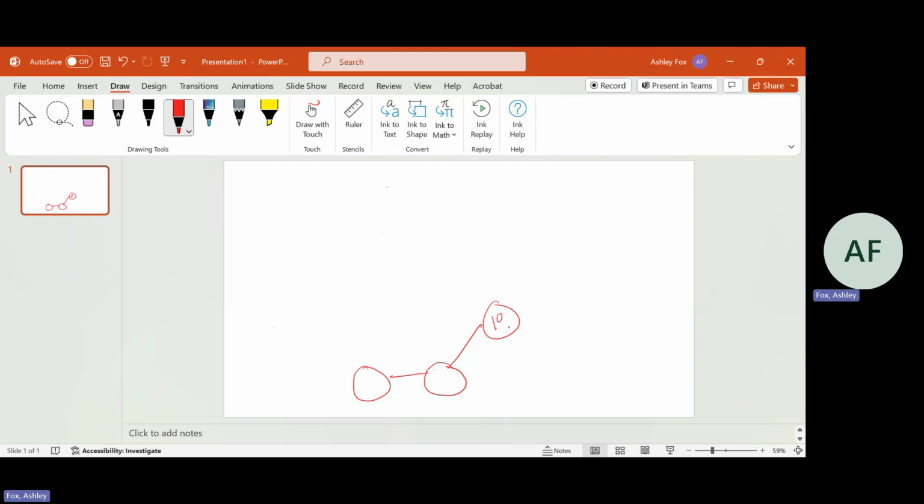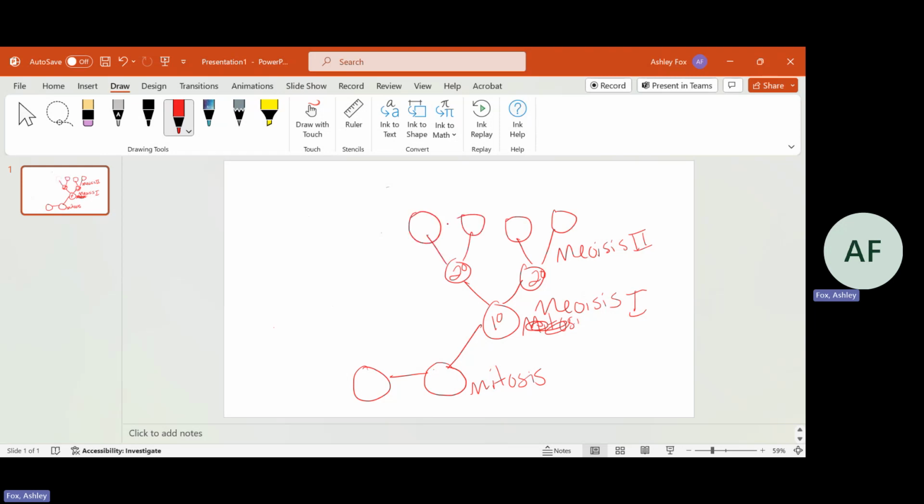The primary spermatocyte goes under mitosis, or no, meiosis. You have mitosis here. Meiosis 1, and you get 2 secondary spermatocytes. Those both undergo meiosis 2, and finally you get spermatids. And you get 4 of those. The spermatids undergo spermiogenesis to actually form sperm.